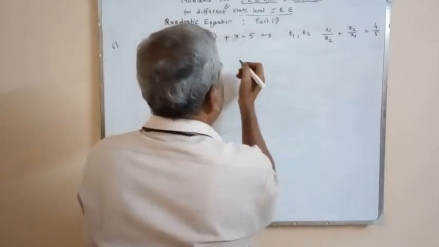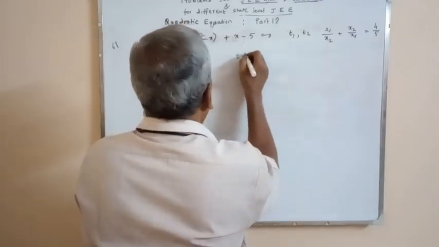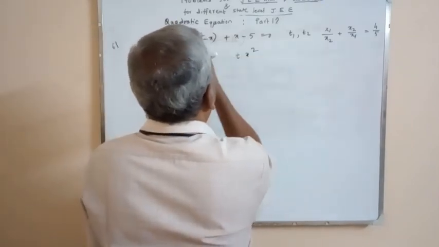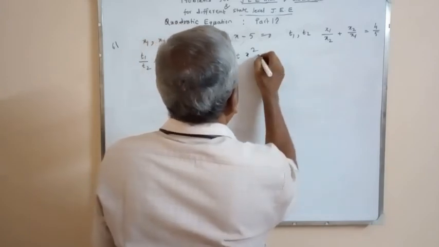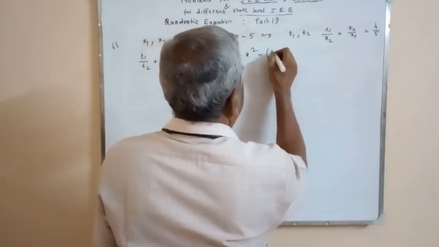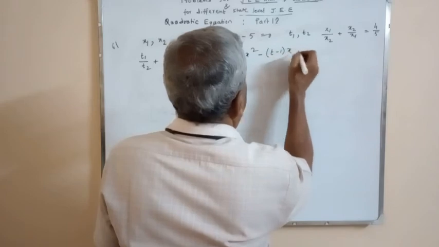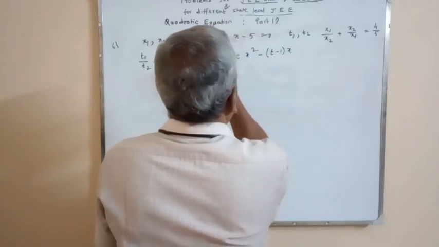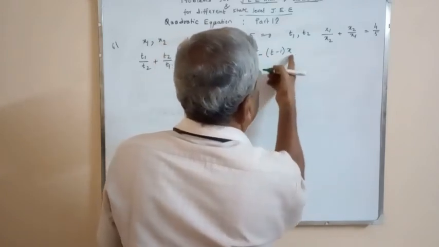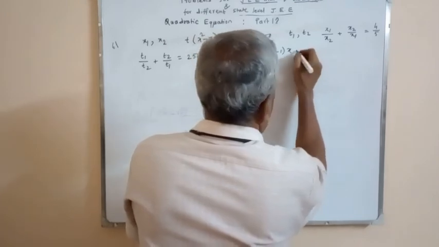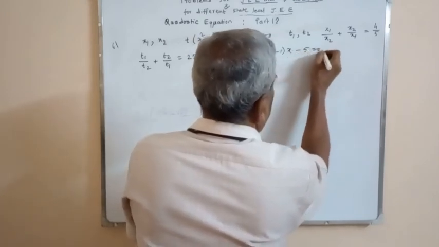The quadratic equation becomes t into x square minus t minus 1 into x minus tx plus x minus 5 is equal to 0.